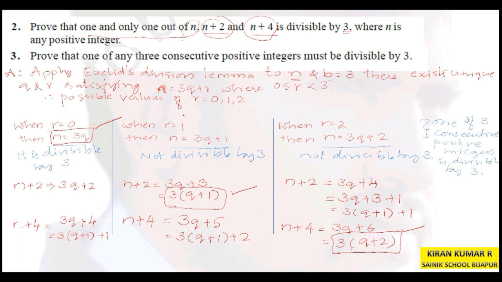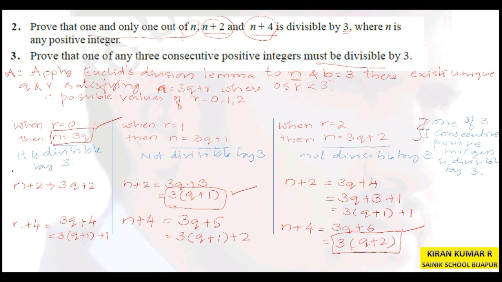For the first question, this first part, when n value is considered, is sufficient. So here it is written, one of 3 consecutive positive integers must be divisible by 3.